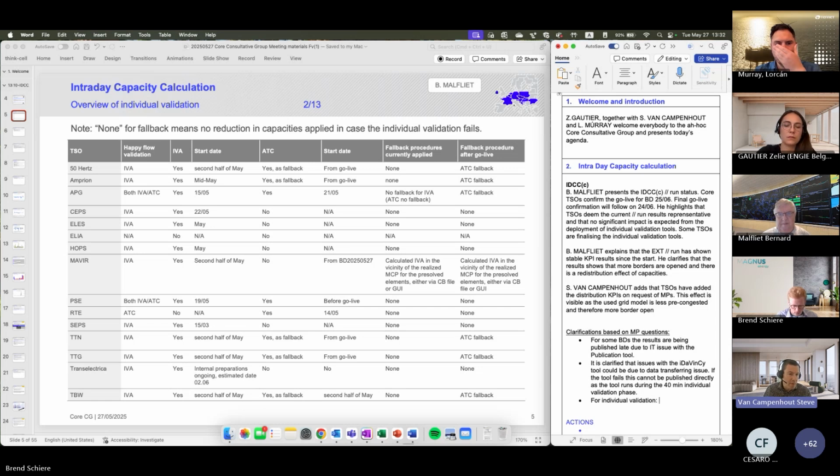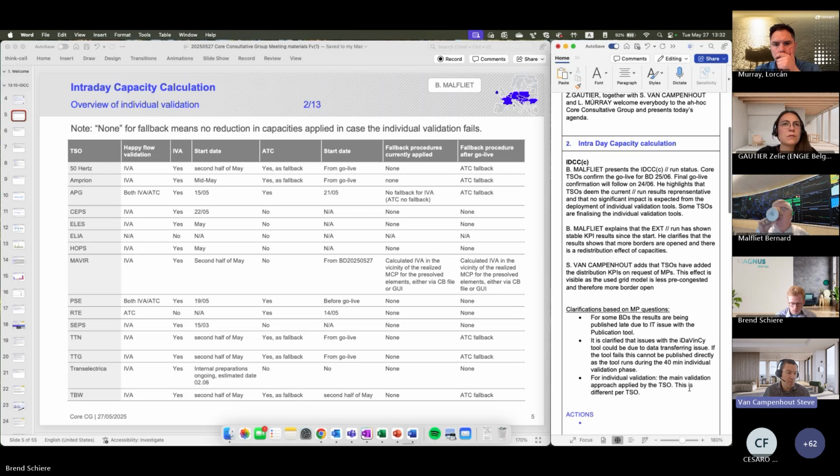Happy flow validation means either IVA validation, ATC validation, or both combined are de facto carried out by this TSO. For example, the iDaVinci TSOs do de facto IVA validation. They do not do de facto ATC validation. APG does both.